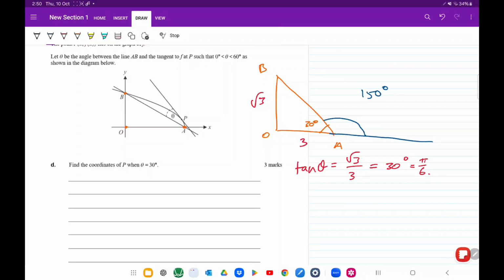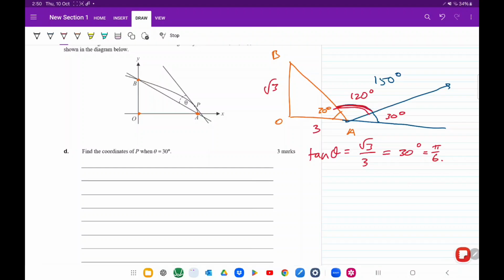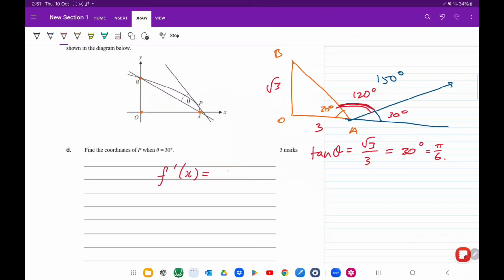So if we reflect that triangle, if this is 30 degrees over here, the remainder of this will be 120 degrees. Since we know this is 120 degrees, the angle that it makes with the positive direction of the x-axis, f dash of x, is equal to tan 120 degrees.